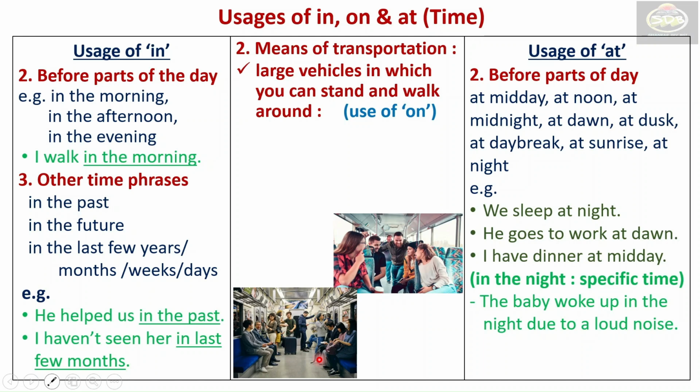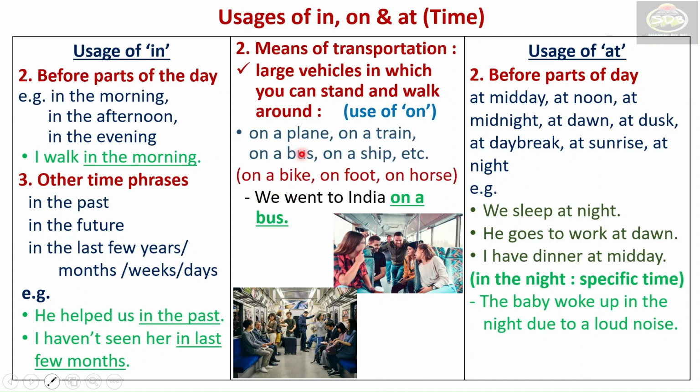They can walk, they can move around. Therefore, the vehicles which are spacious, we have to use on with them, and there must be an article to use in and on. We use on with larger vehicles if there is an article. On a plane, on a train, on a bus, on a ship, etc.